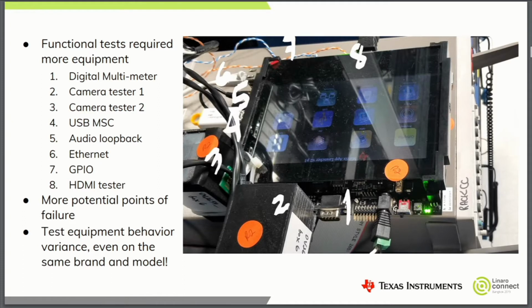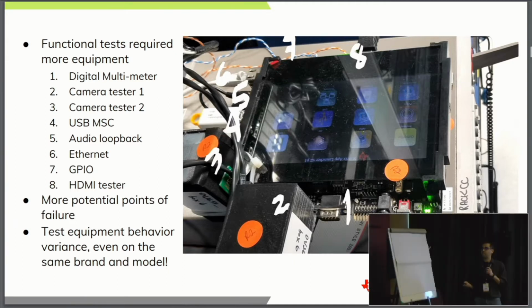In this case, at the bottom you can see this is not the device under test or EVM, this is actually a multimeter, and it's connected through this ribbon cable to measure power in different power domains in the board. We also have these two black boxes, which are devices to measure. We have camera sensors, so through that we can control patterns that the camera sensor will see, and then we can validate whether the sensor is working properly by comparing what it is capturing against a golden reference.